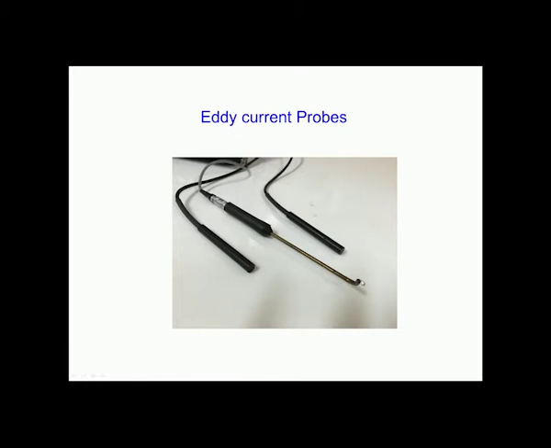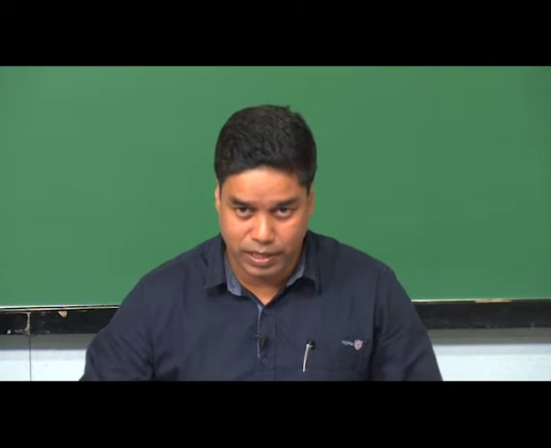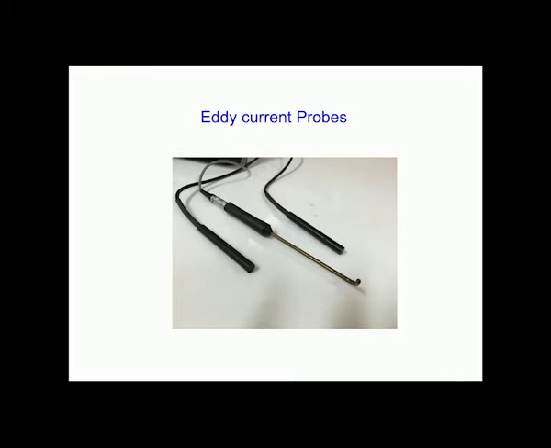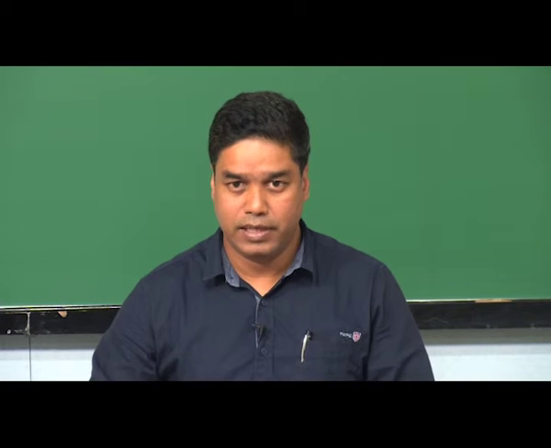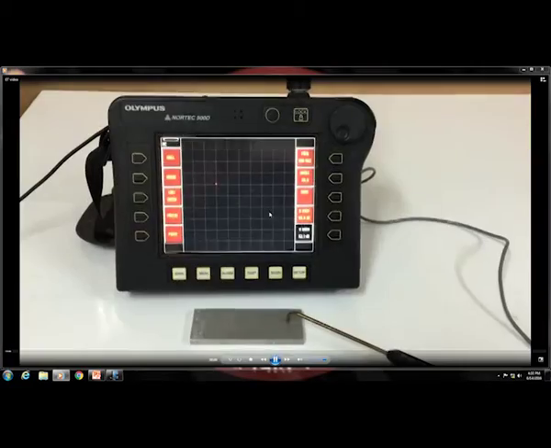So, these are flat type or surface probes which are primarily used on flat surfaces. With the help of this, as I will show you now with a video, you would be able to get the signal from cracks or other flaws which are there on the surface. So, let us see this video now.